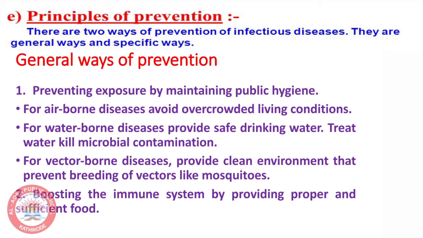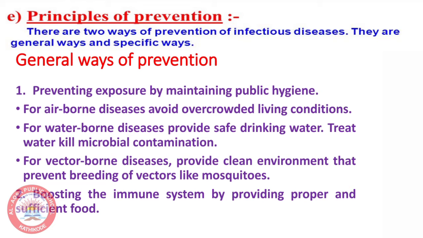It can be done by treating the water to kill microbial contamination, like by boiling water or by adding chemicals like chlorine to disinfect the water. For vector-borne infections, we can provide clean environments so that we are not allowing vectors to breed in our environment.